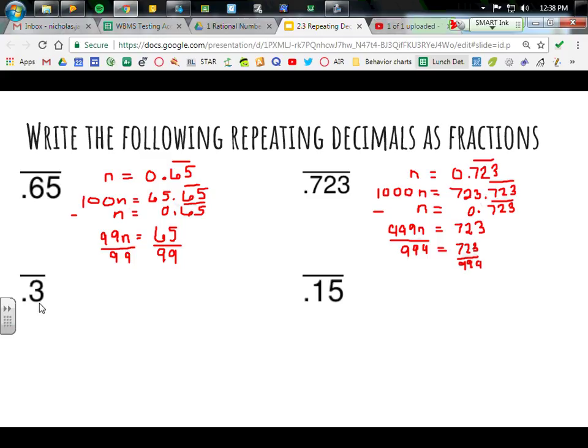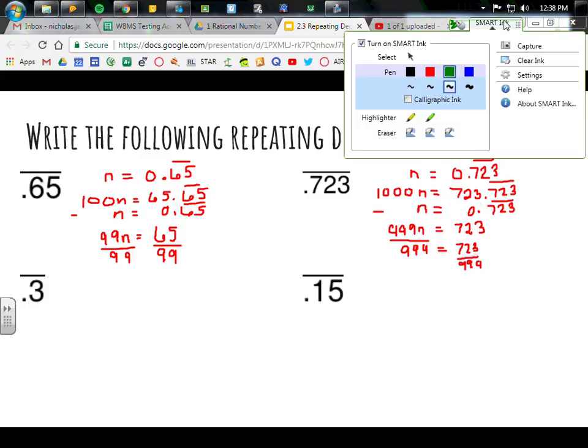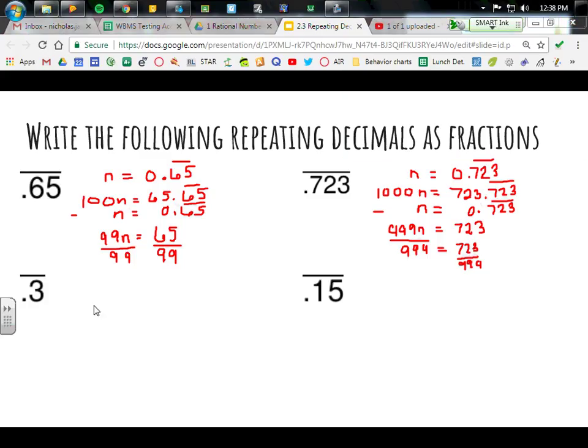All right, how about 0.3 repeating? This is a common one. We know what it is, but let's just practice the method here. So for 0.3 repeating, I just write n equals 0.3 repeating. I'm going to multiply by 10 since only one digit is repeating. So 10n equals 3.3 repeating.